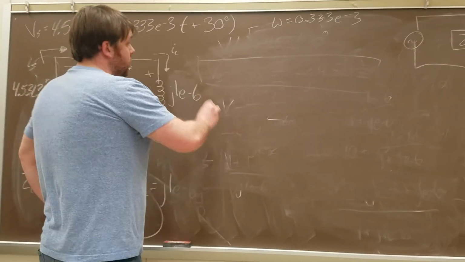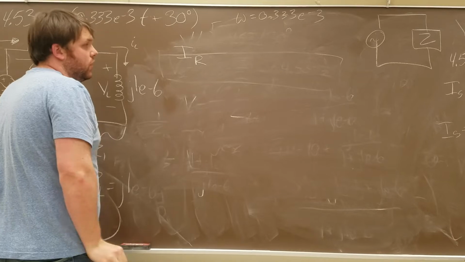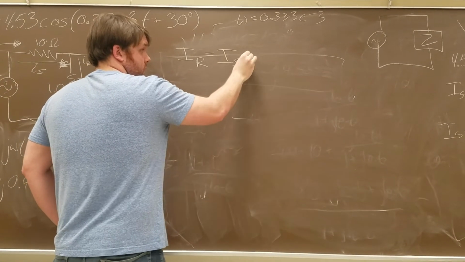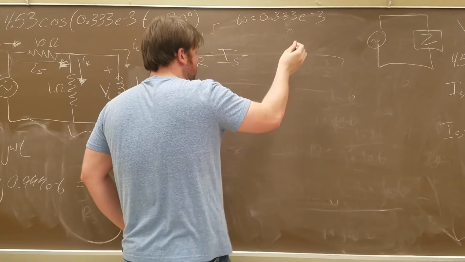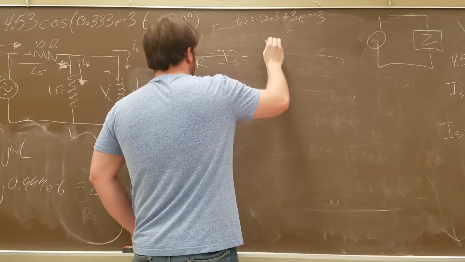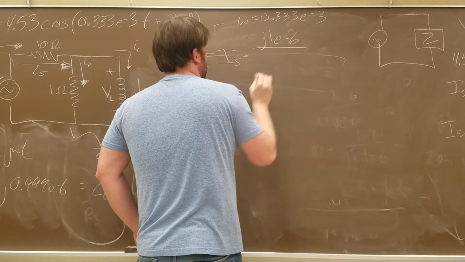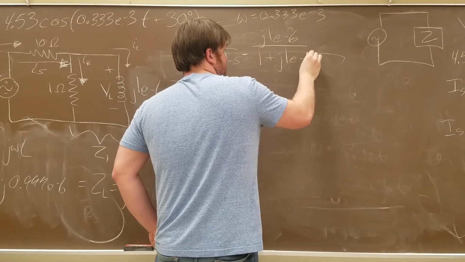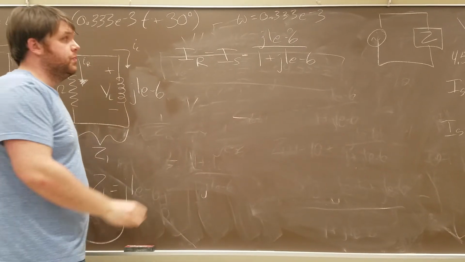Okay, so our current divider, so our IR, current going through our resistor, is equal to our current source times our impedance of our other pathway that we don't care about. So j times 1e negative 6 over 1 plus j times 1e negative 6. Okay?